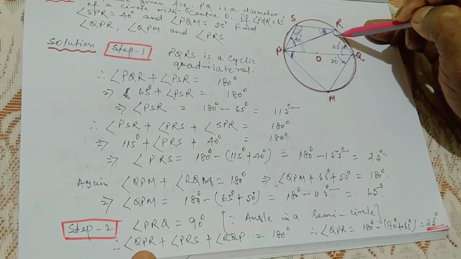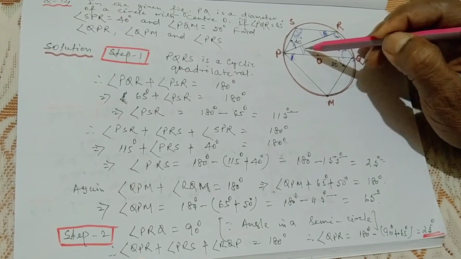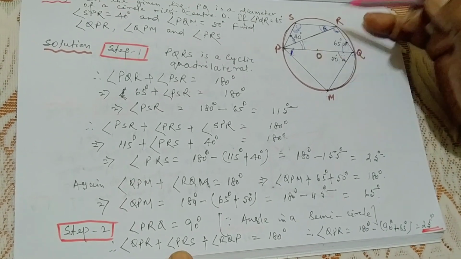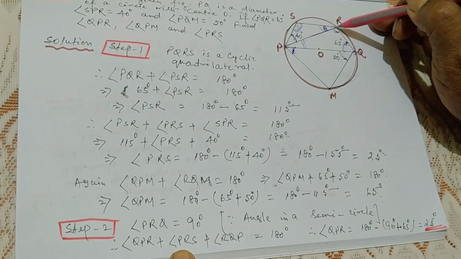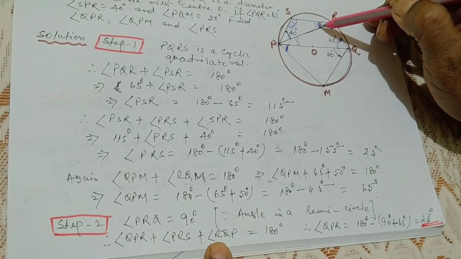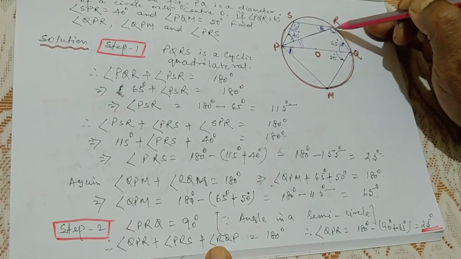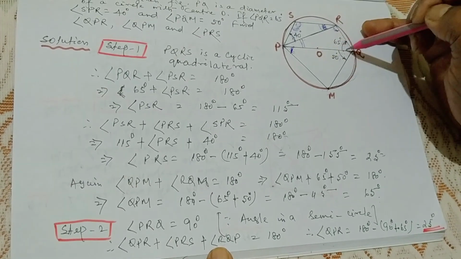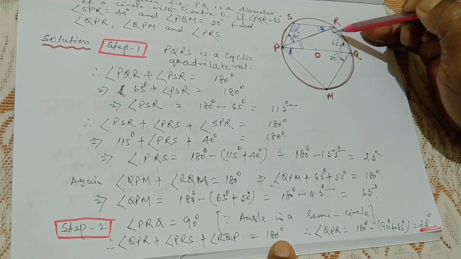So therefore angle QPR plus PRS plus this angle RQP, the sum of these angles is equal to 180 degree.